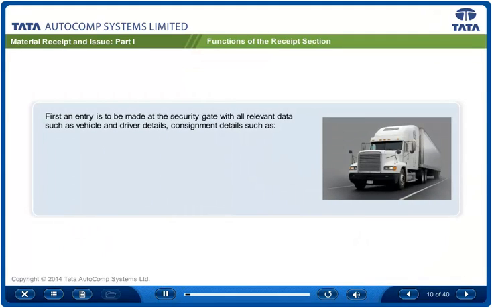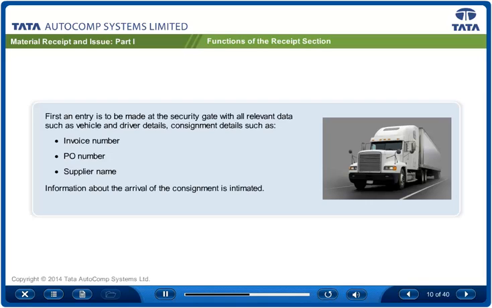As soon as the vehicle arrives at the factory gate, first an entry is to be made at the security gate with all the relevant data such as the vehicle and driver details, consignment details such as invoice number, PO number, supplier name, etc. At the same time, information about the arrival of the consignment is intimated to the store's personnel.